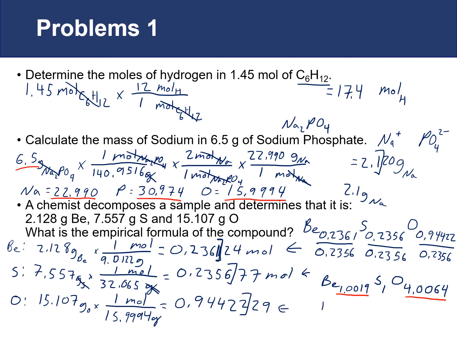So this becomes BeSO4. If the subscript is a 1, we leave it out from our end values. This here would be our empirical formula. Because this is an ionic compound, this is also the chemical formula for the ionic compound, whose name would be beryllium sulfate.